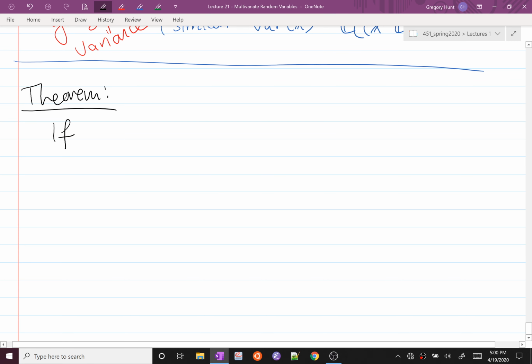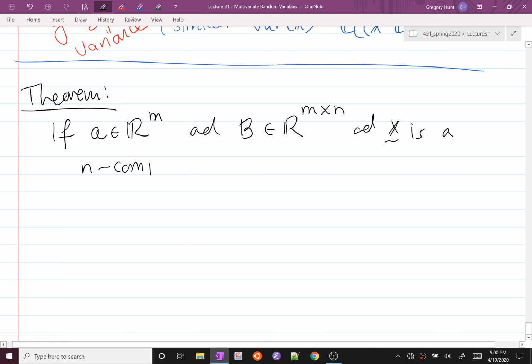Let's say A is a vector in R^m and B is a real valued matrix that is m by n, and again, X is an n component random vector.